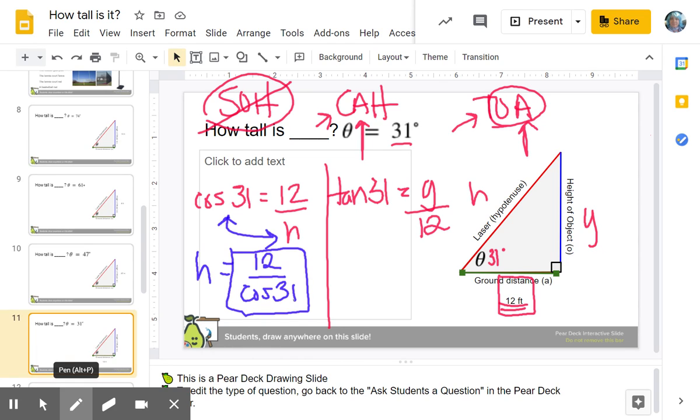That's crazy. So what did we get when we did 12 divided by cosine 31? How long is the hypotenuse?